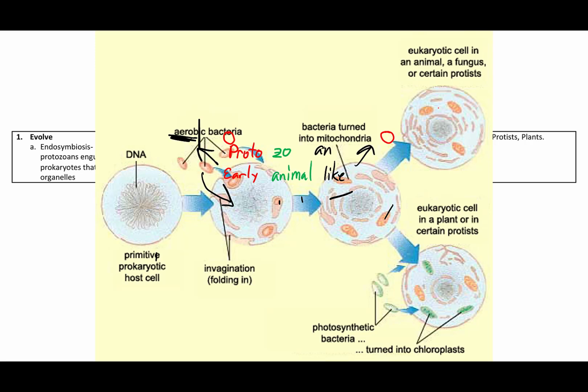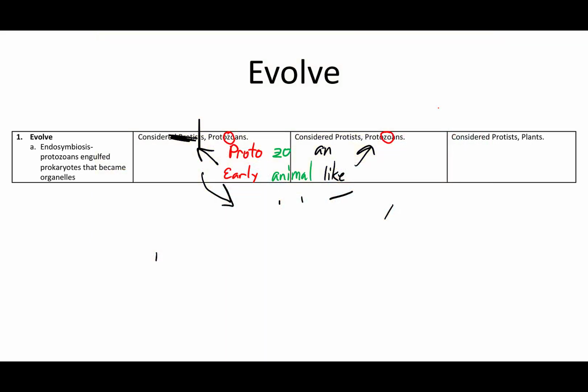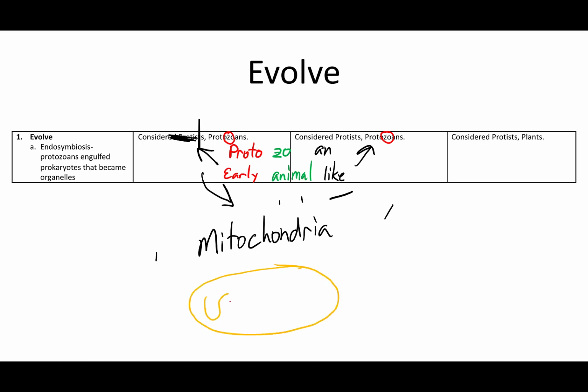So it's really good at capturing light, turning it into sugars. And that's where you get that picture there. So the mighty mitochondria is double membraned. It's got a membrane, and then it's got this other set of membranes here.